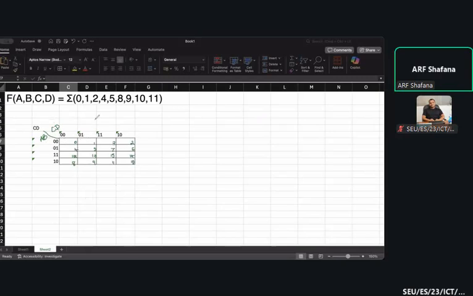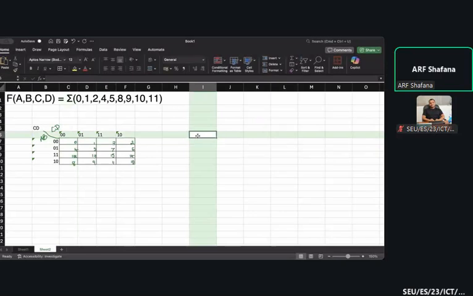If you are not able to directly map it from the equation to your K-map, no problem. You can even build up your truth table and plot these values. So it will be like this. Maybe you have A, B, C, D, and this is going to be your output.